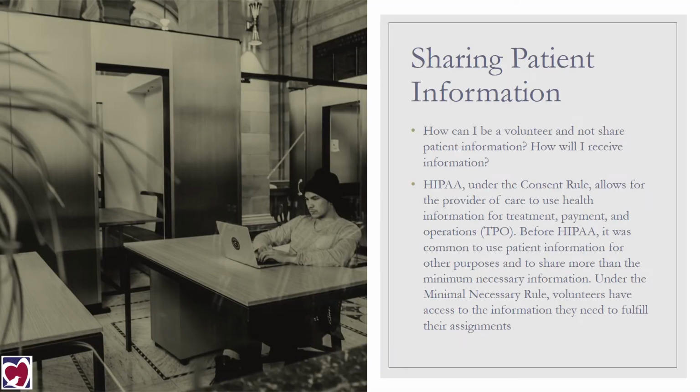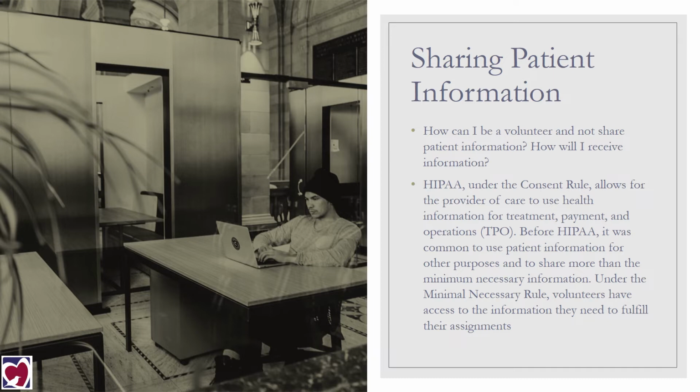One of the questions that I hear from volunteers is, how can I comfort my patient, or how can I write my patient without knowing anything about them? We do at Meadowlark Hospice give you some information about your patient, because sharing patient information falls under the consent rule.